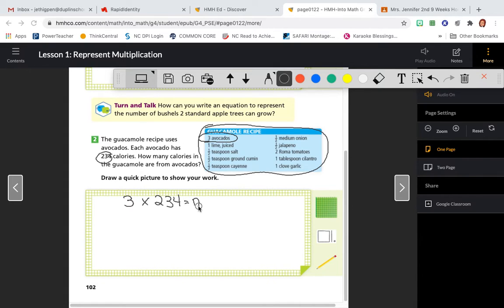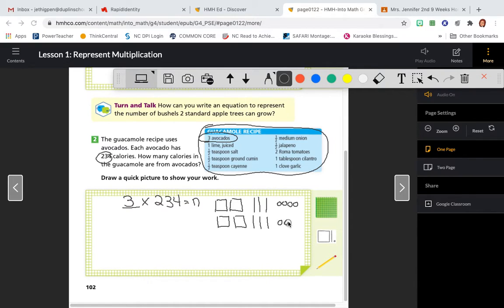So I'm going to start with the first avocado. It has 234 calories. So we're going to draw 2 hundreds, 3 tens, and 4 ones. And we're going to do that 3 times because we're multiplying by 3. So we're going to do that 2 more times.